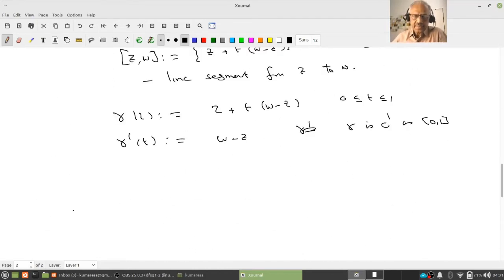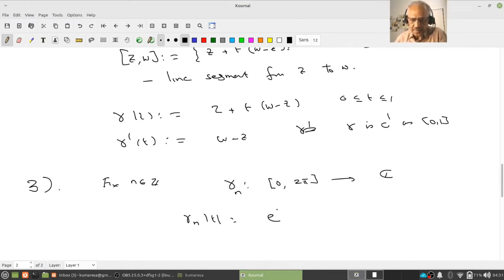Is it okay? Third example. Fix a natural number, sorry, an integer n. Define gamma n from 0 to 2 pi to C, so that gamma n of t is e to the power i n t.